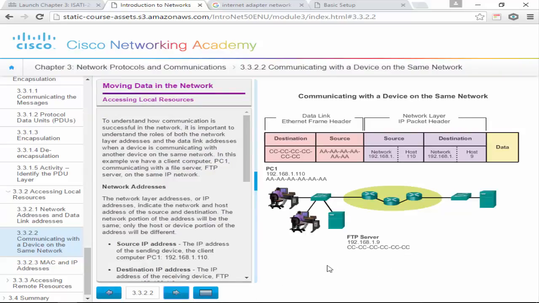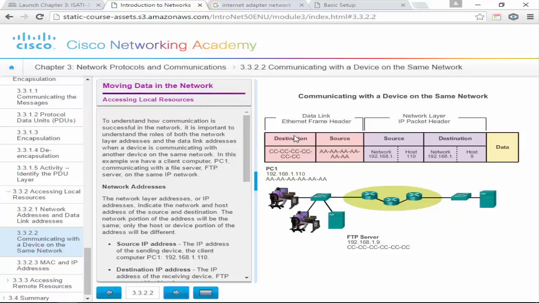Alright, so we're starting with how we communicate from a device. We have a device of 192.168.1.110, right? And where is it sending it? It's sending it to the address of 9, the FTP server. And we see in the data link, it's going to put this MAC address, which it learned through something called ARP, which I think they're going to talk about in a chapter coming, but this PC has mapped this MAC address to this IP address.